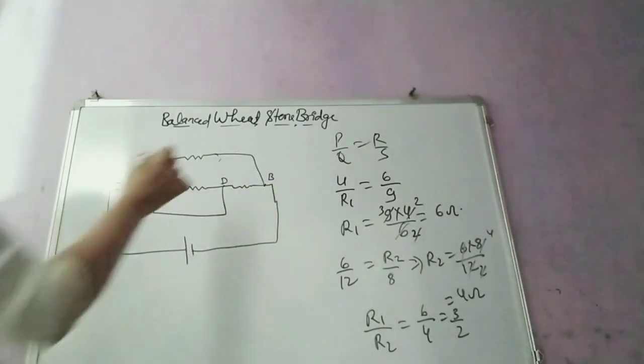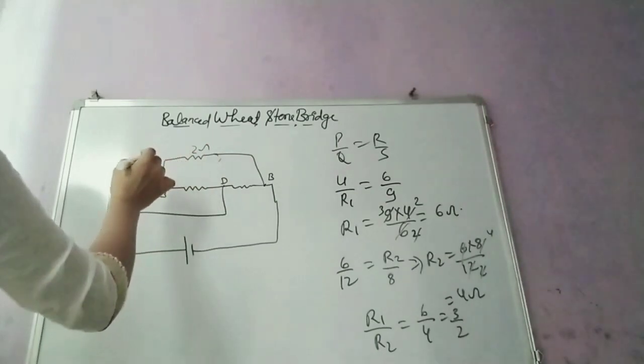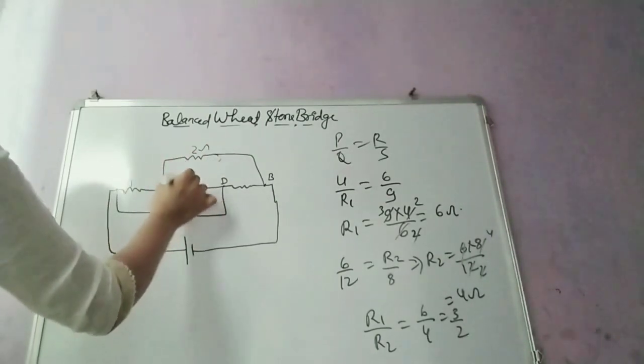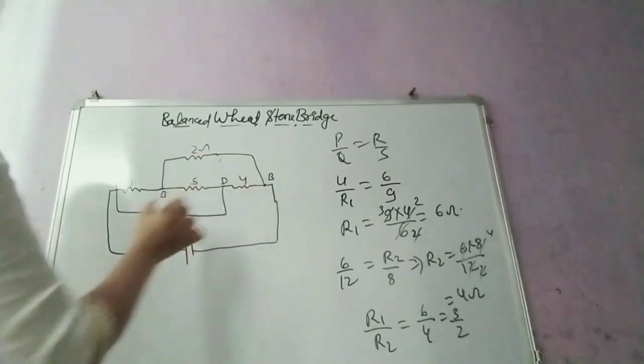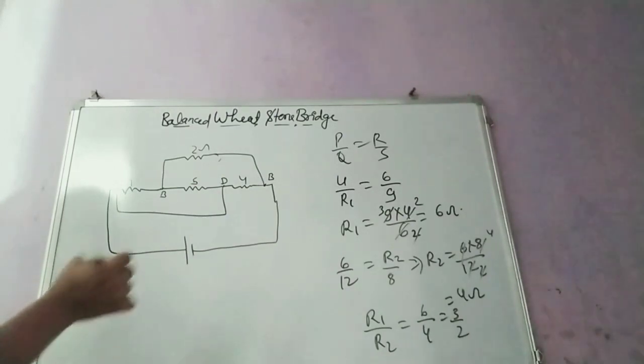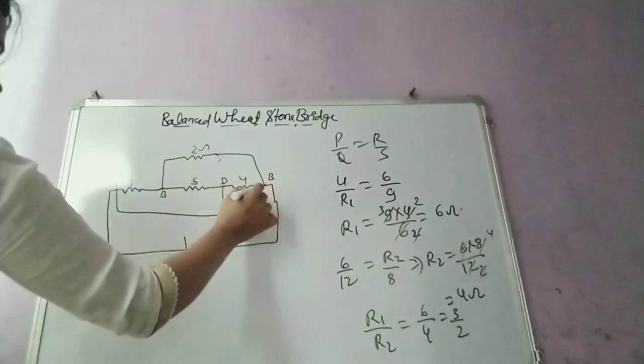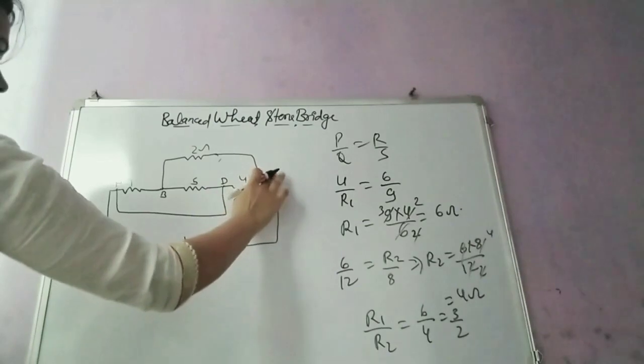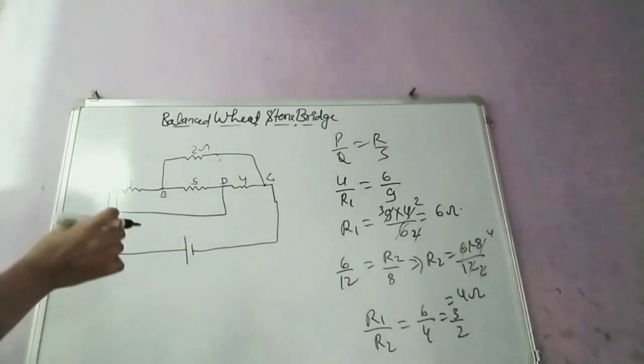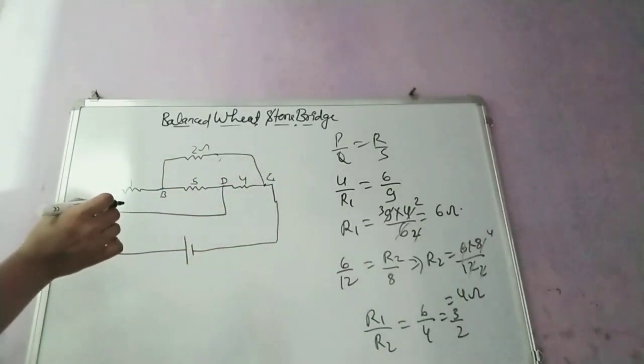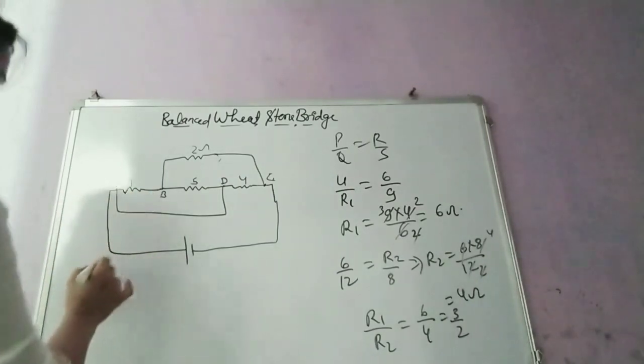This is the question. 2 ohm, 1 ohm, 5 ohm, 4 ohm. Okay, then this point is B, D and this one is C. Then calculate the current drawn from the battery in this network.